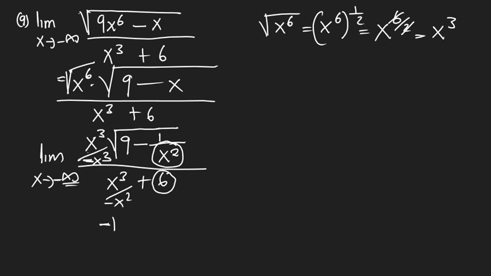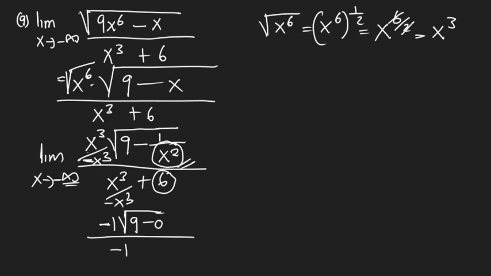You're going to get negative 1. Then square root of 9 minus 0, inside this is the 0 part, all over, of course, sorry, this is supposed to be power 3. So that is going to give you negative 1.